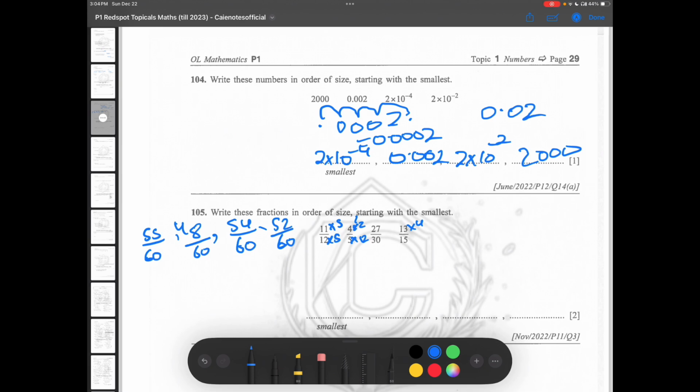So even then, this is the smallest one, 4 upon 5, 48 upon 60. After that, we have 52 upon 60, which is 13 upon 15. Then we have 54 upon 60, which is 27 upon 30. And then we have 55 upon 60, which is 11 upon 12.